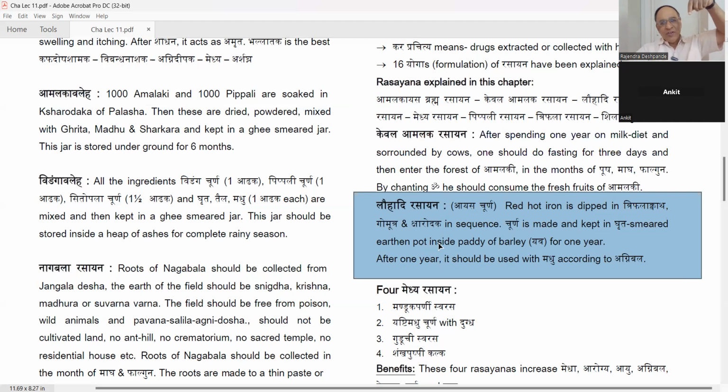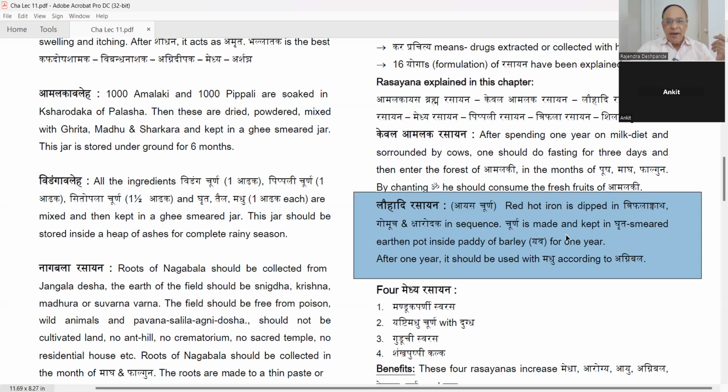That means first in the Triphala Kwatha, because it is red hot. Then take it out with the sponge. Then dip it in the cow's urine, Gomutra, in the beaker. Take it out. Then Ksharodaka. Udaka is water. Water prepared from alkali water.